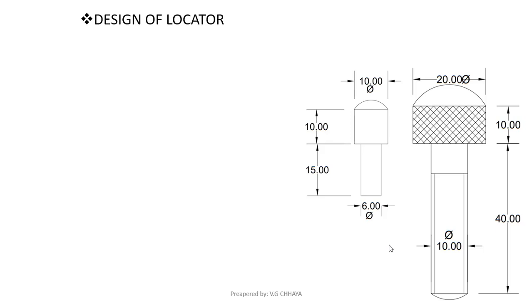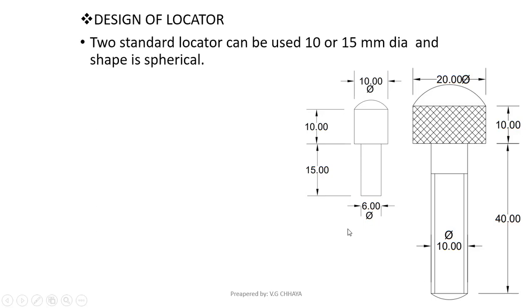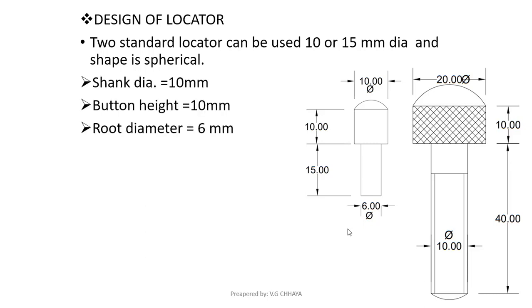Then we need to design locator and clamping screw. So two standard locators of 10 or 15 mm diameter we can use, that is a spherical button locator. In this case shank diameter is 10 mm. This dimension we have directly selected. This is an adopted design because we are not going to design the locator and clamping screw.